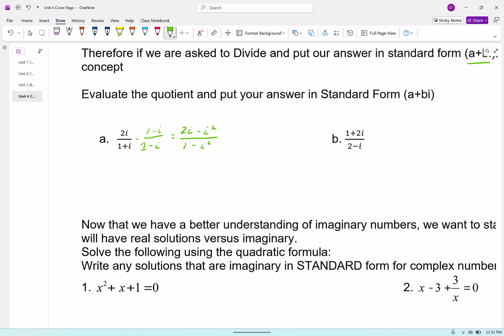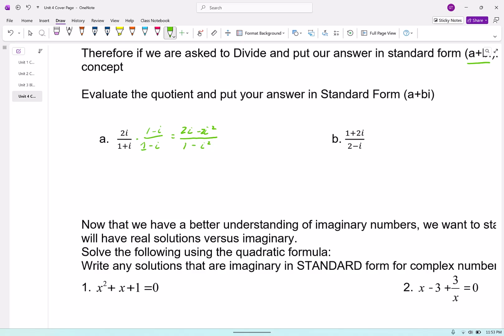That's just doing the difference of squares, knowing that it's going to be 1 squared minus i squared. I'm sorry, I think this should be 2i times 2i squared, not just i squared.